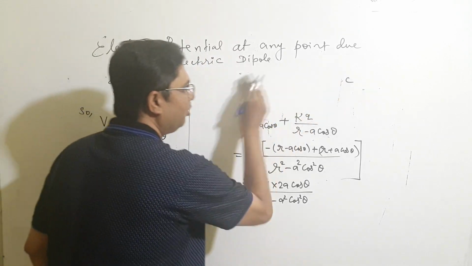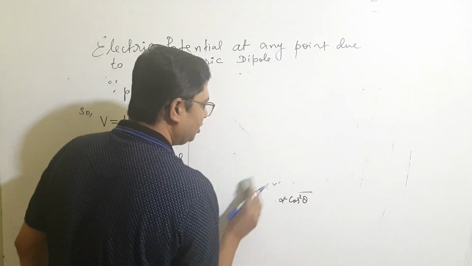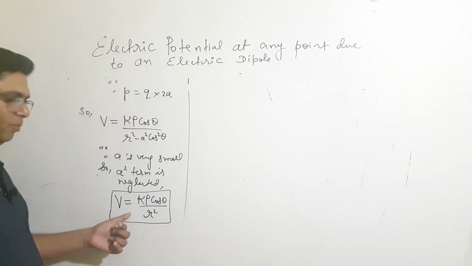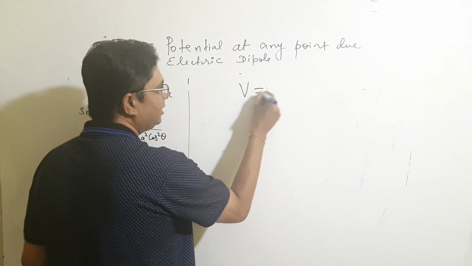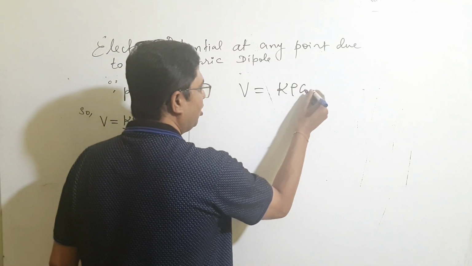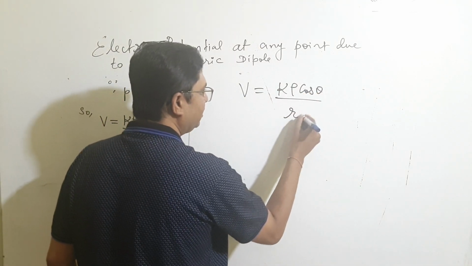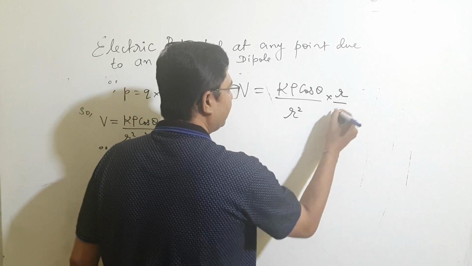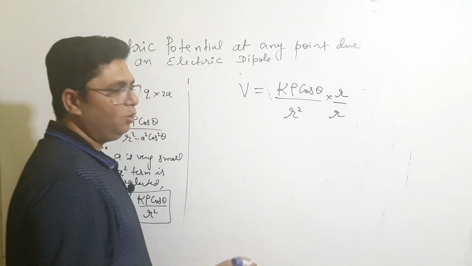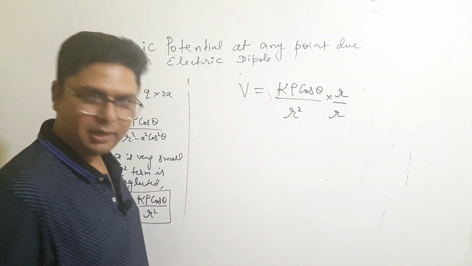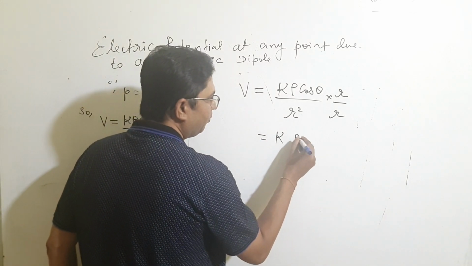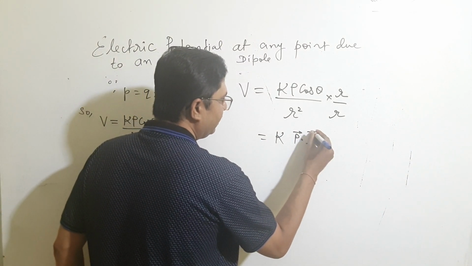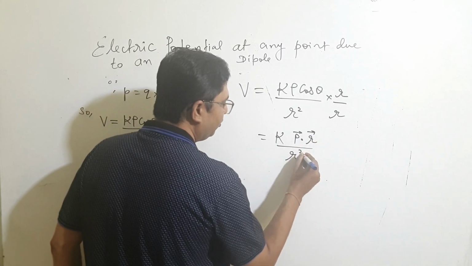Now if you want to represent this potential in vector form, then you have to do some steps. V equals KP cos theta divided by R square. Multiply the numerator and denominator of the RHS by R. So you have K P dot R upon R cube.